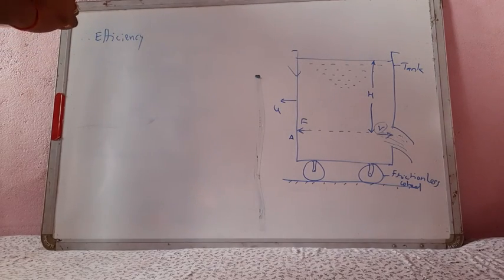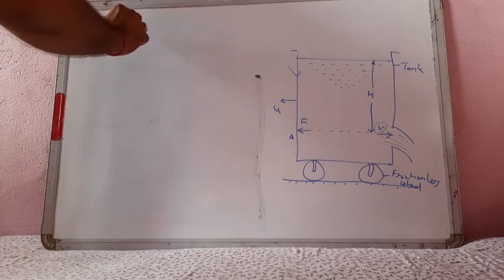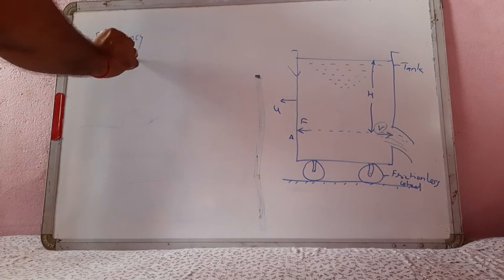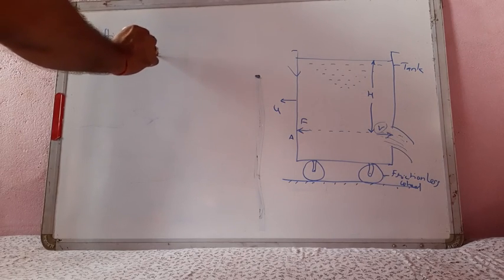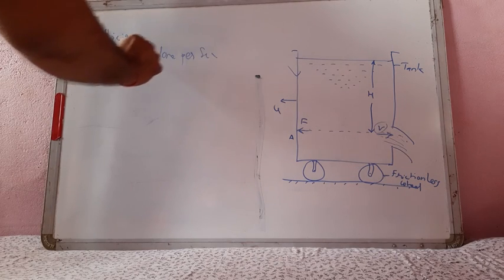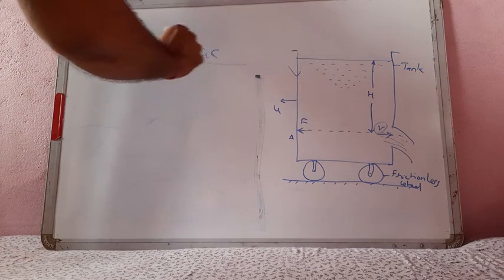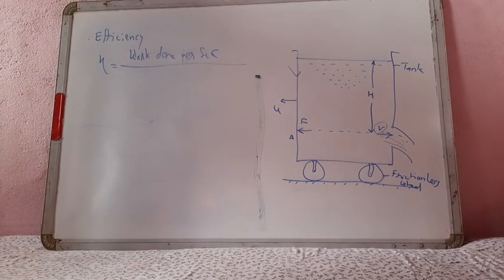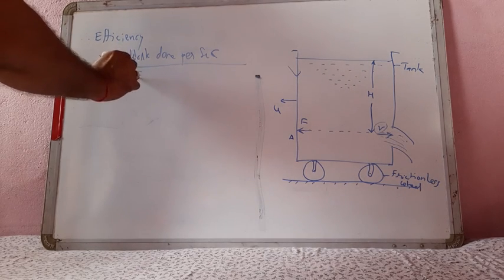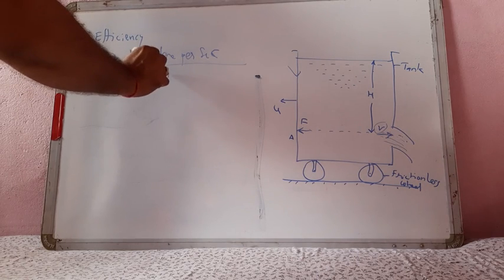Now for the efficiency. The efficiency of propulsion is given by eta equal to the work done per second divided by the kinetic energy of the issuing jet per second.